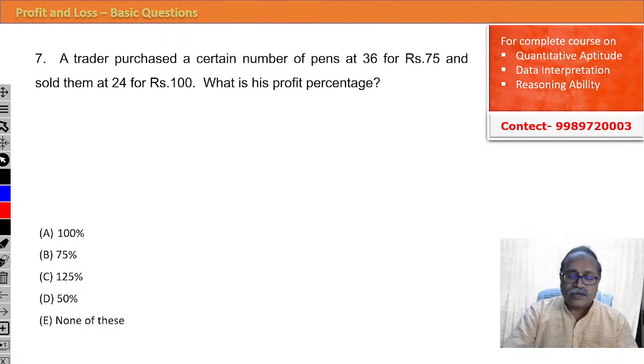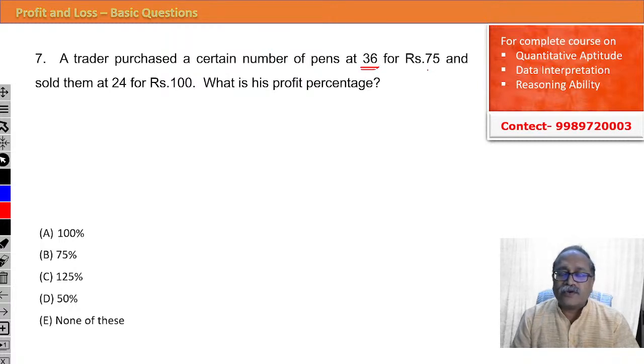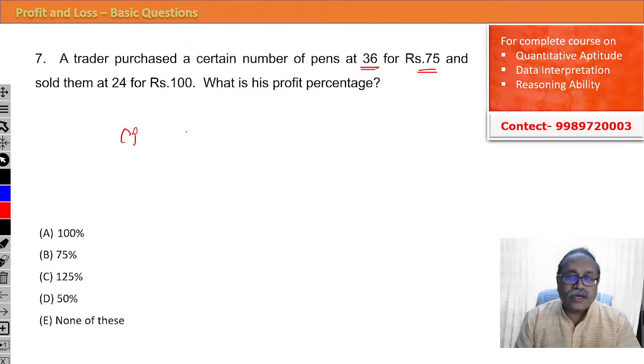Now coming over here, a trader purchased a certain number of pins at 36 for ₹75. So that is CP का जो रेट है, the CP rate is, Nilamad already answered the question. Okay, that's good. 36 for ₹75.